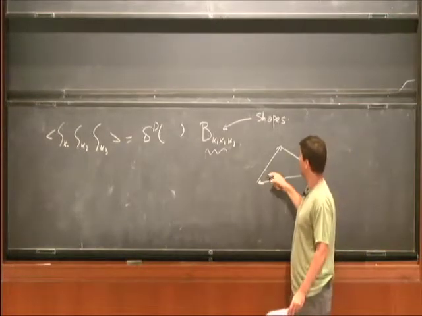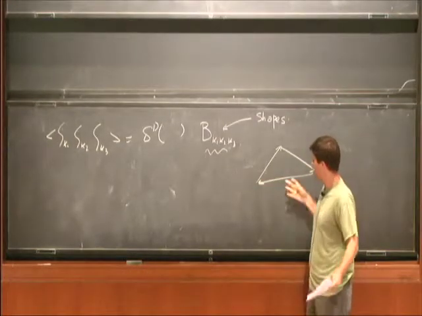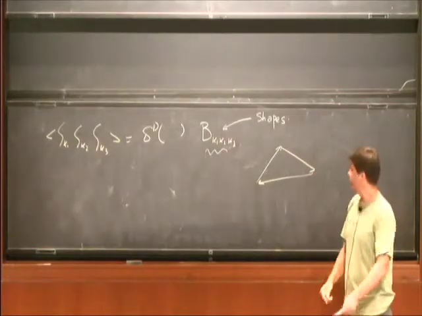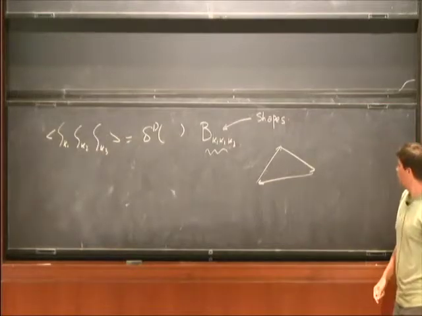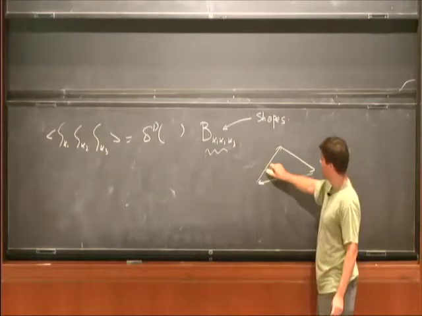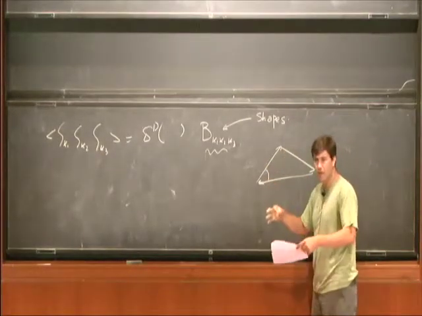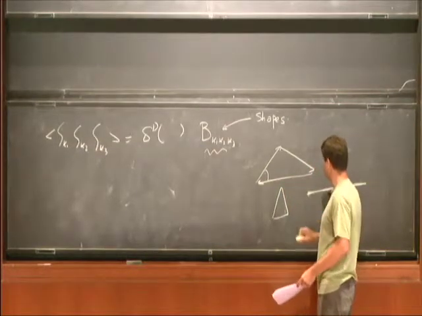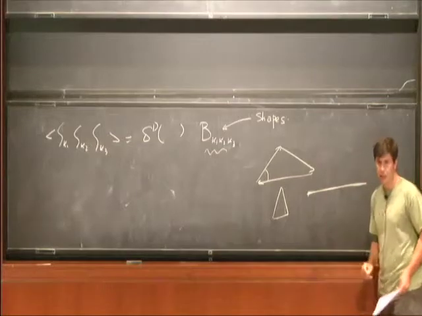It overall goes as k to the minus 6 by scale invariance if you just make the whole triangle smaller or bigger, but it can have nice dependencies on the shape of this triangle, whether it's an equilateral triangle or a squeezed triangle or what have you, okay?